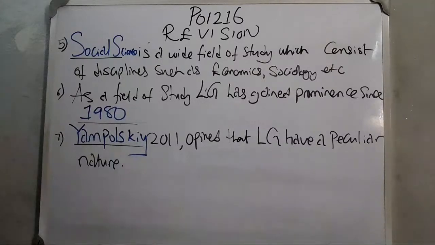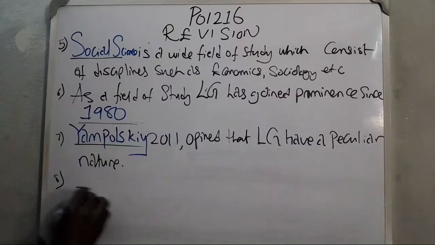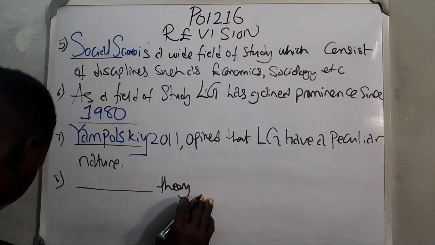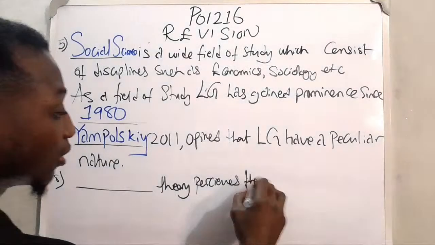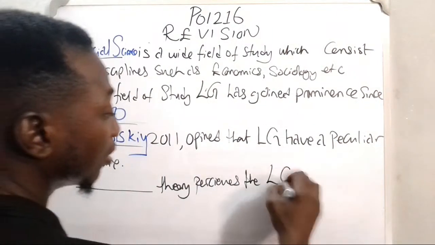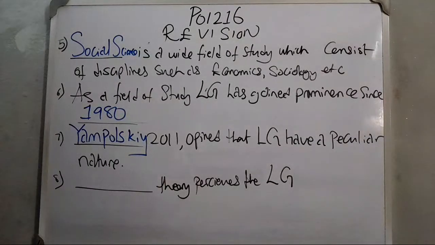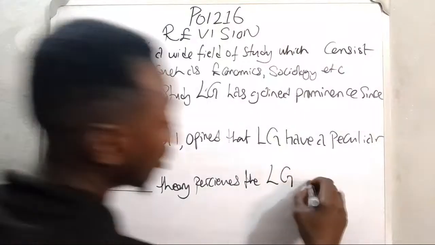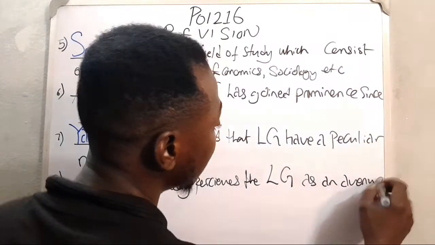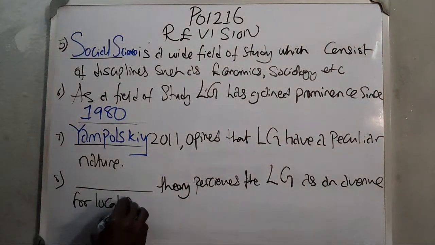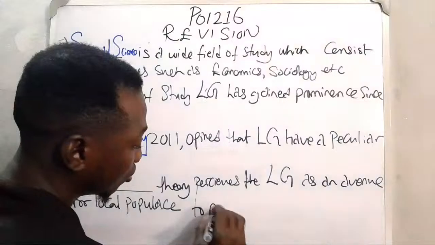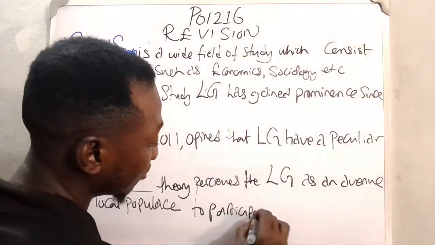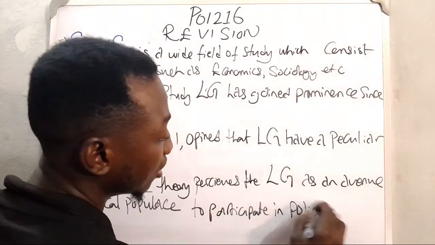Now, question 8. Dash theory perceives the local government as an avenue for the local populace to participate in politics.